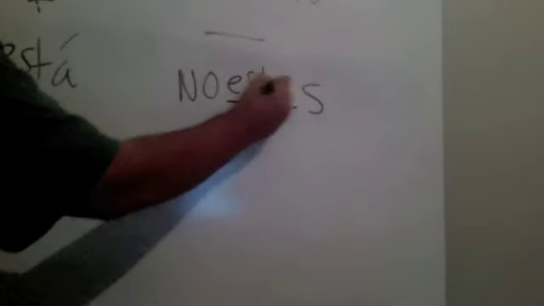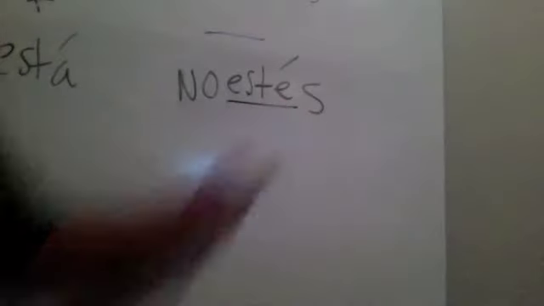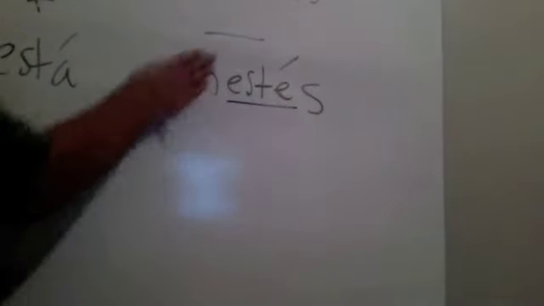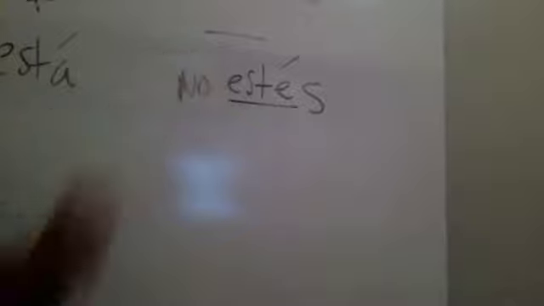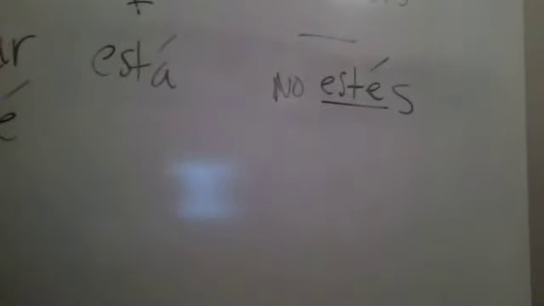Esté. Estés. We want to keep the accent still because we want to stress that last part. No estés. With the dé example, we didn't have to include the accent because it didn't change the pronunciation. This one, if we took away the accent, it would say no estes. And we don't want that. We want it to say no estés.